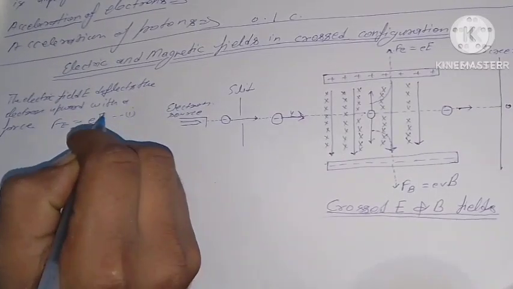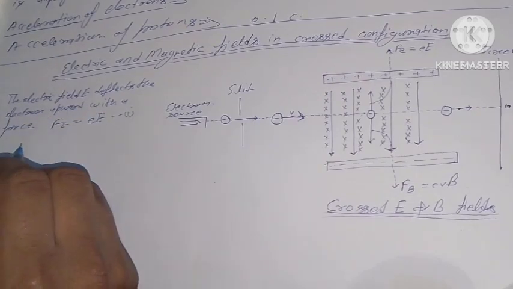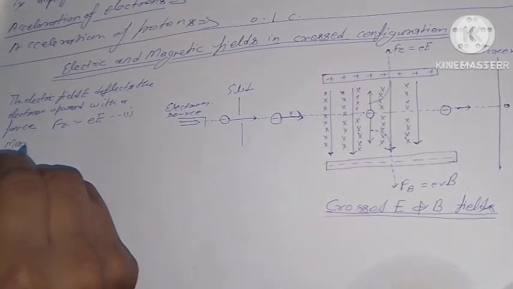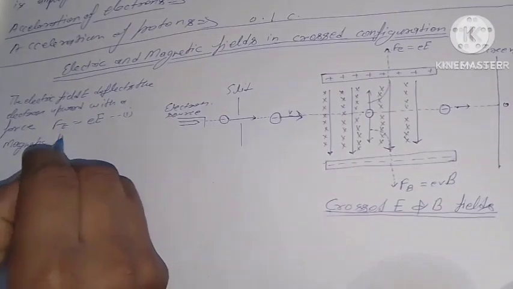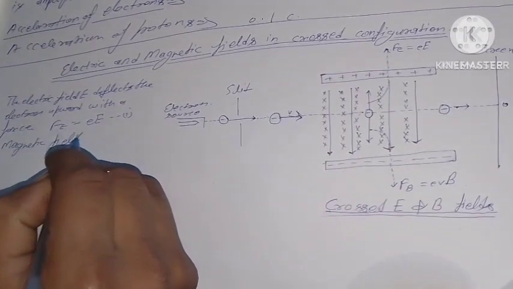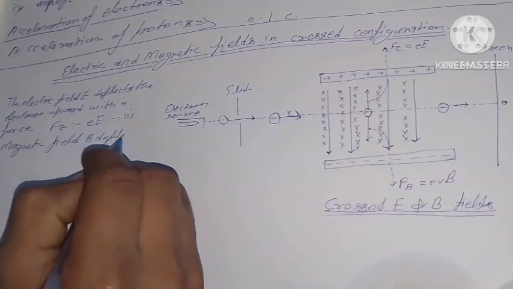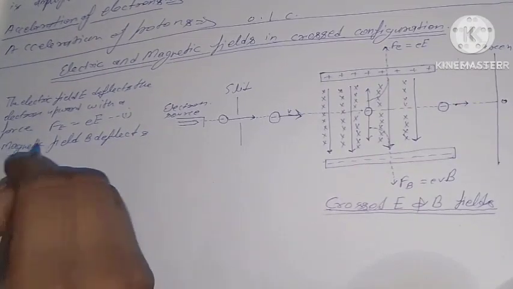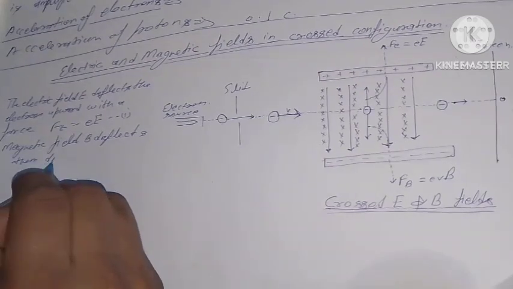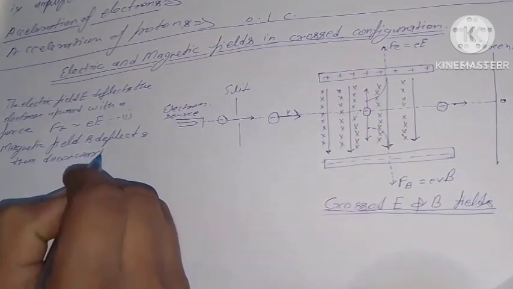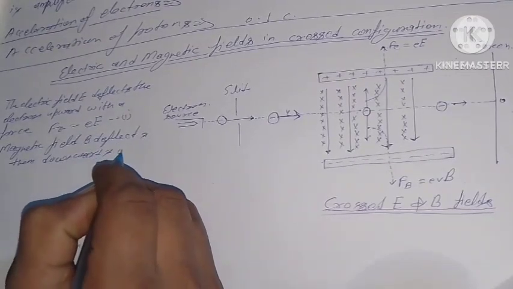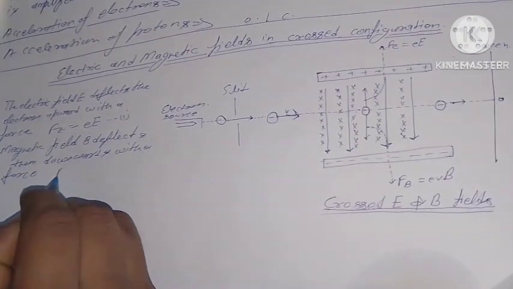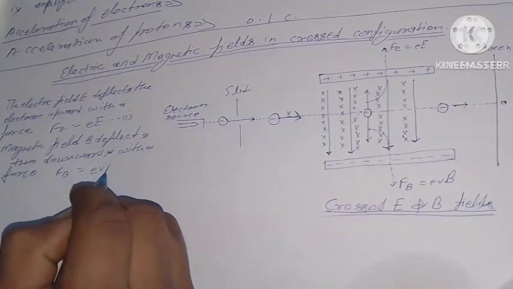This is equation number one. And the magnetic field B deflects them downward with a force F_B equal to evB.